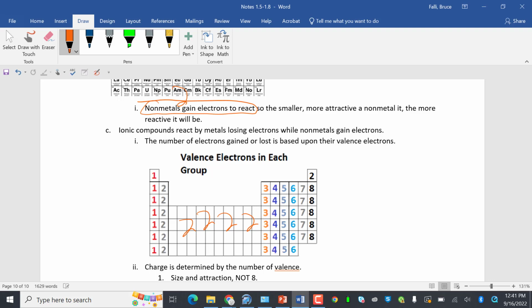So remember, you want the number of electrons gained or lost. To be full, this would be gaining 1. This is -1, -2, -3, 0, +3, +2, +1, 0.